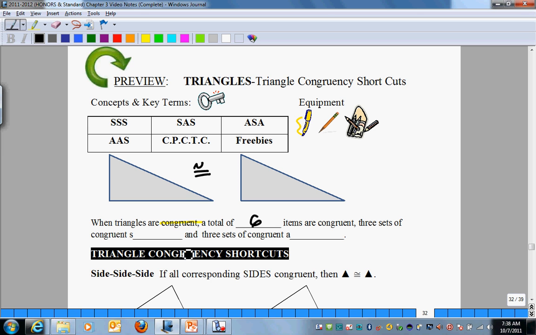We're going to have 3 sets of segments which are congruent, and 3 sets of angles.